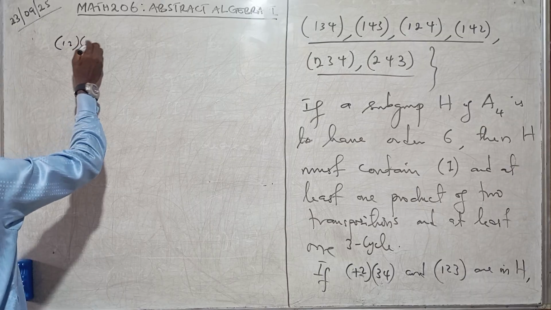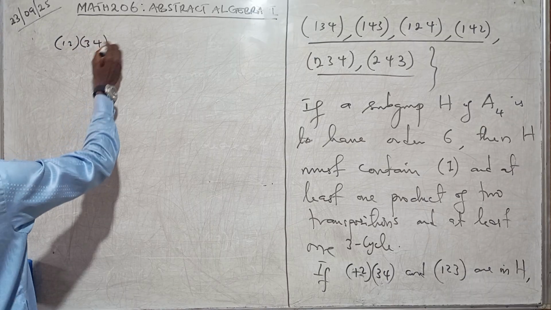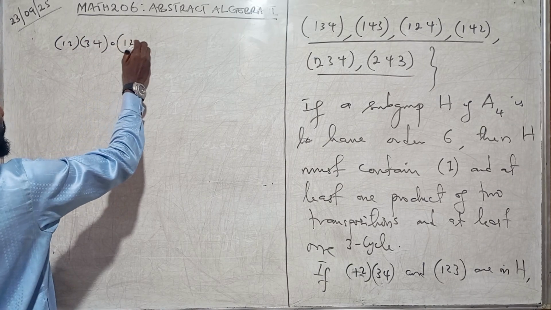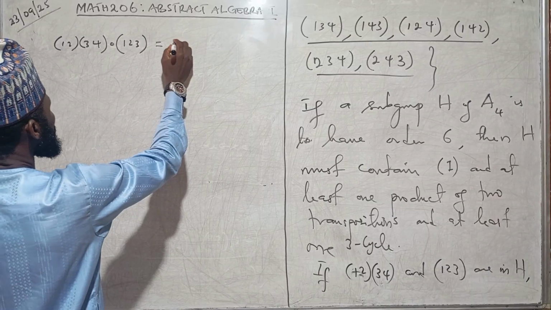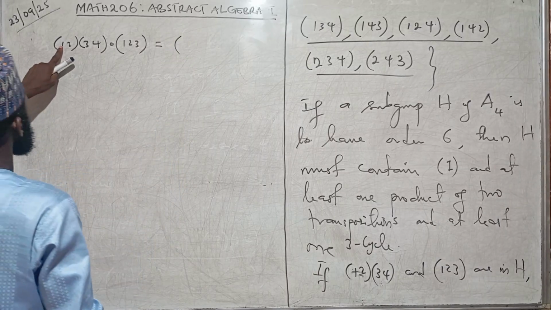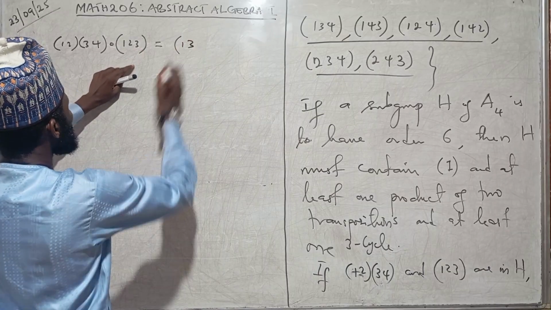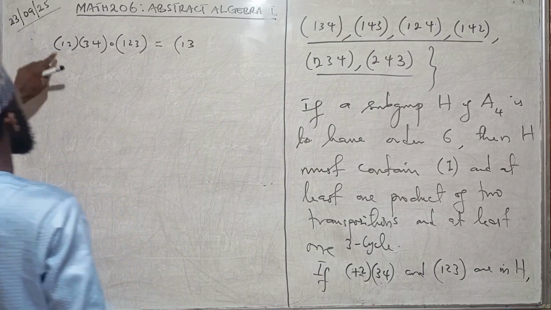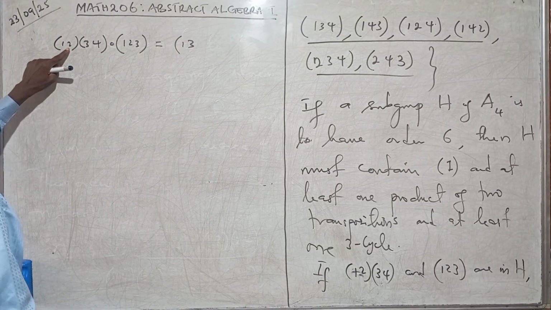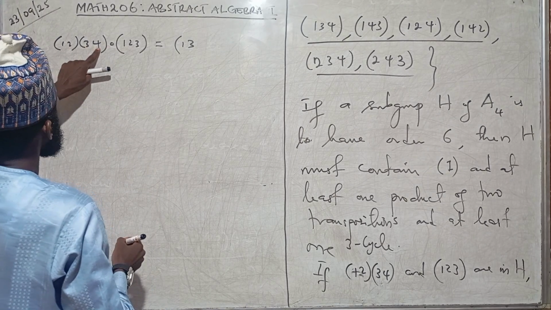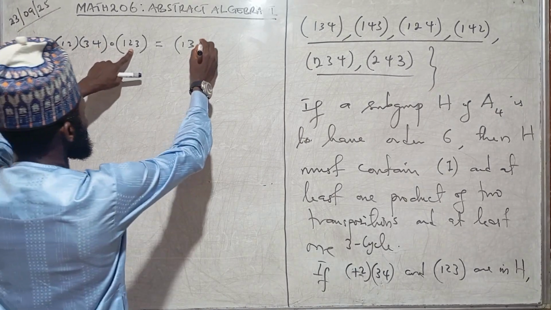So you must have this composite: (1 2)(3 4) composite (1 2 3), which is equal to, if you do this composition, 1 is mapping to 2, and 2 is to 3, it means 1 will map to 3, because this is how we read cycle notation. And then you have 3 mapping to 4 here, and 4 is fixed because it is not there.